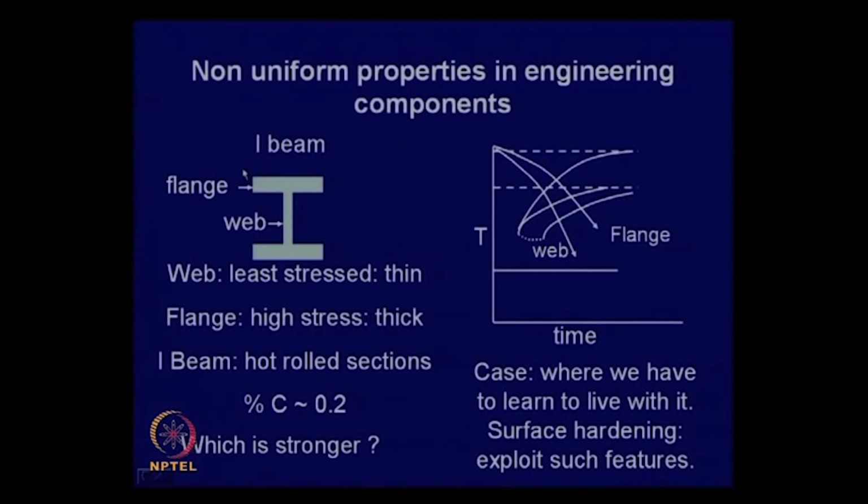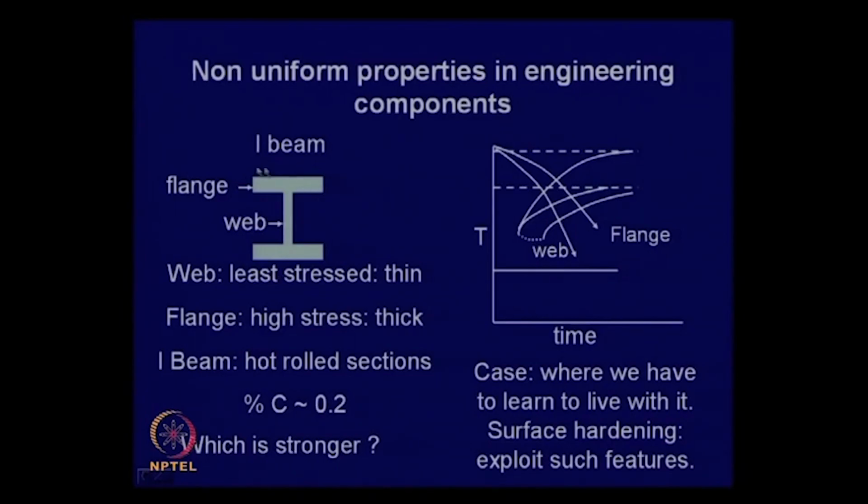It is used in bridges and in the construction of multi-story buildings, and there you will find the section has a different dimension in different zones. This is the flange part and this is the web part, this is the top flange and this is the bottom flange. These dimensions are the same, and the web is relatively thin. These are made by section rolling or hot rolling.